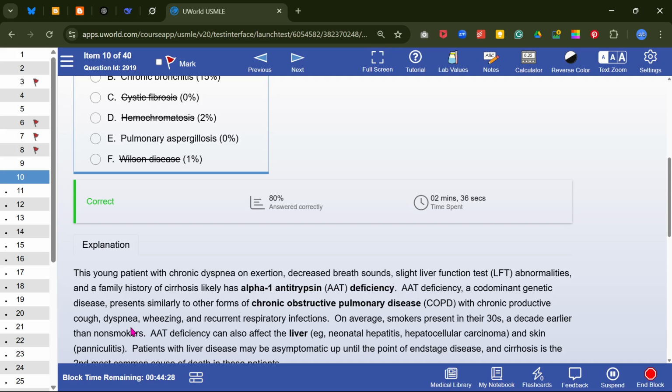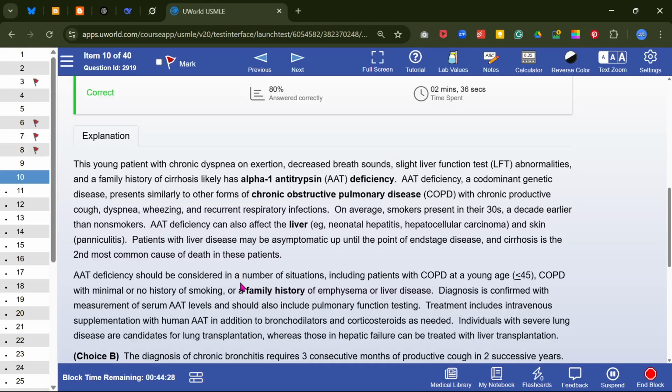Alpha-1 antitrypsin deficiency is a codominant genetic disease that presents similarly to other forms of COPD, with chronic productive cough, dyspnea, wheezing, and recurrent respiratory infections.